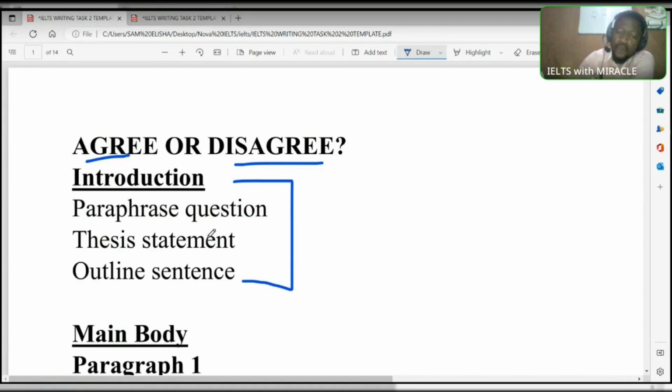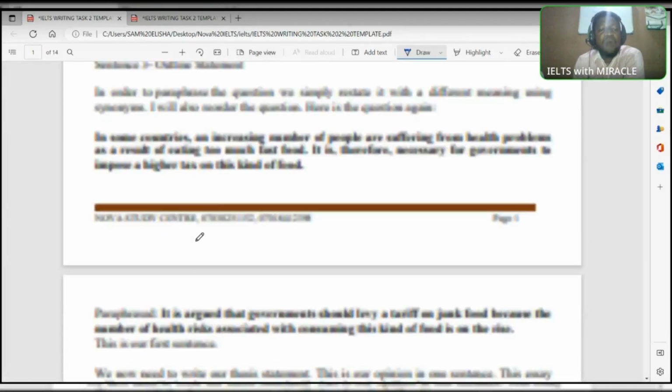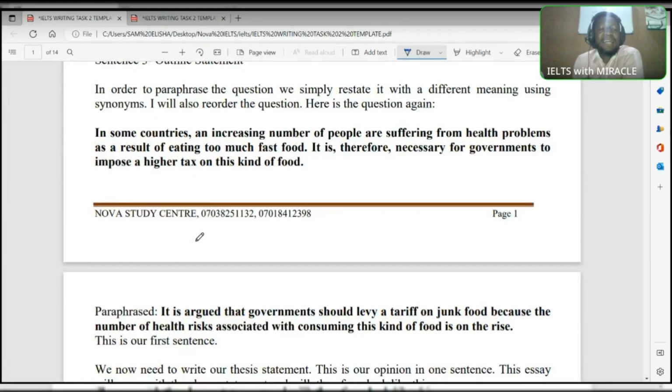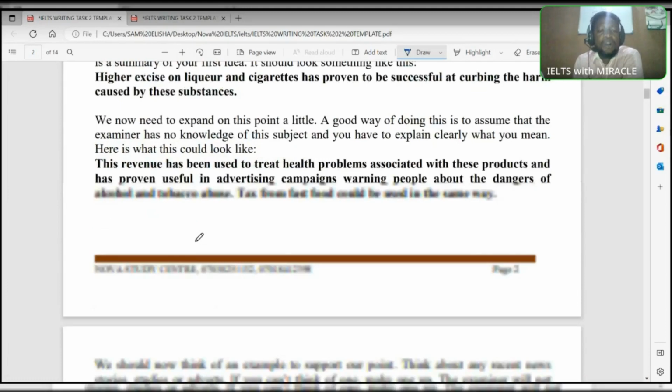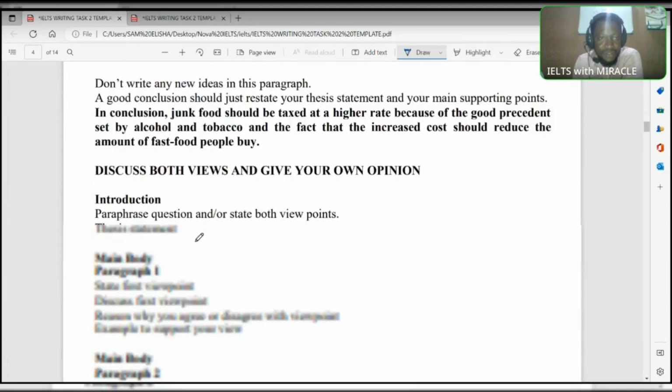This structure that you see, paraphrase the question, thesis statement, outline sentence, is the structure for argumentative essays. So let me quickly take you to another argumentative question. And you see how we have been able to apply this structure for the argumentative question, right? I'm coming, right?